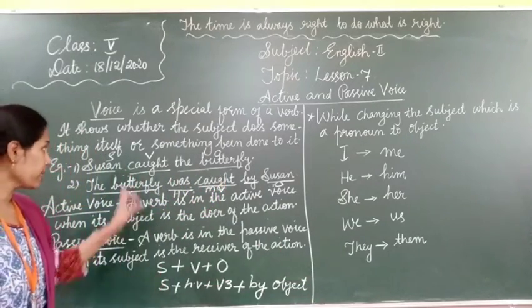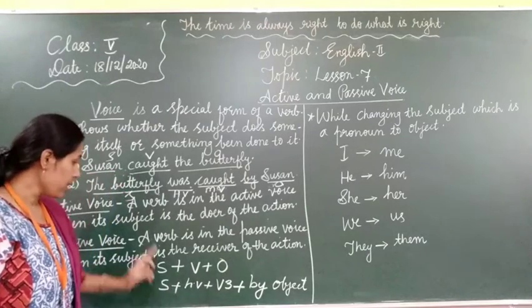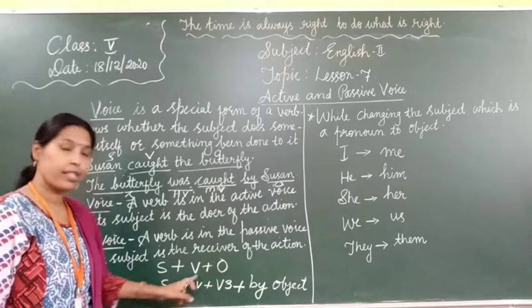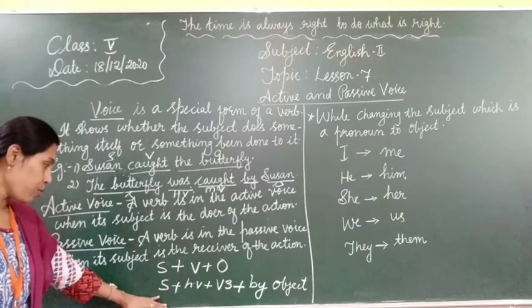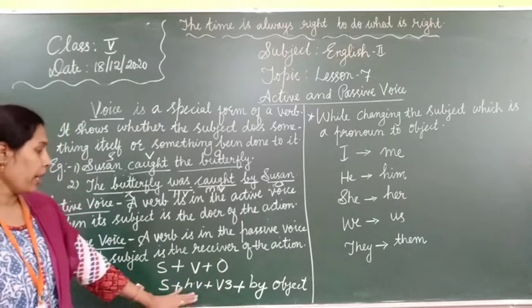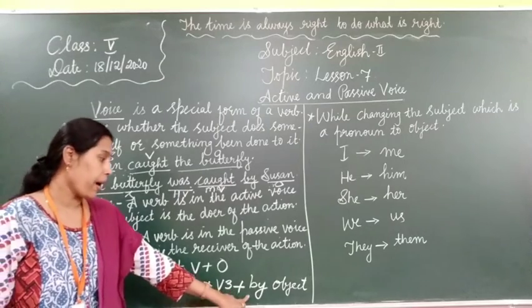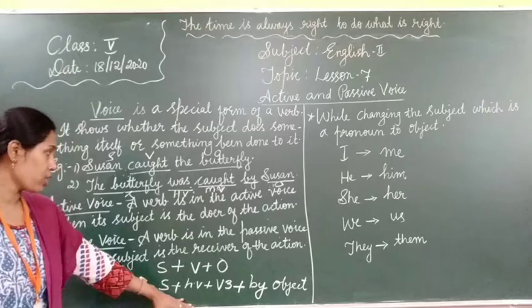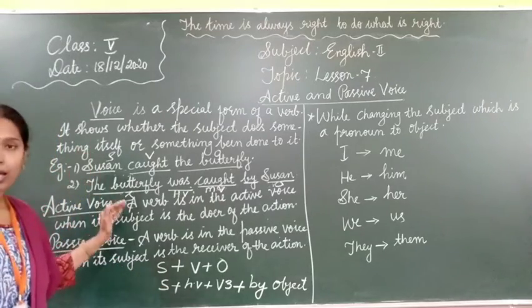So in active voice, subject, verb, object. Okay, that is the sentence structure. When it comes to passive voice, subject, helping verb, V3, then by plus object. Okay, this is the sentence structure for active and passive voice.